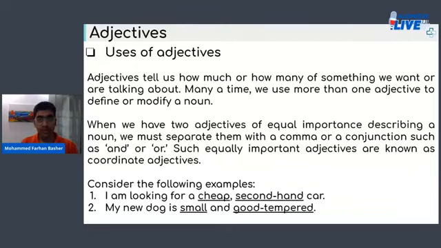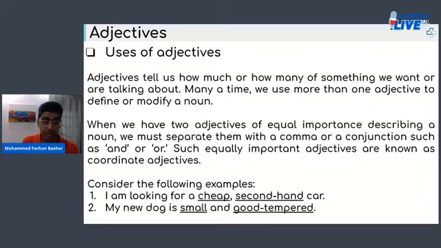We modify nouns with more than one adjective. You could possibly use two or more adjectives to modify a noun, to define or describe a noun, such as, for example, saying that I'm looking for a cheap, second-hand car. Now you've actually used two adjectives to modify the noun car. You not only want a car, but you want a cheap car.